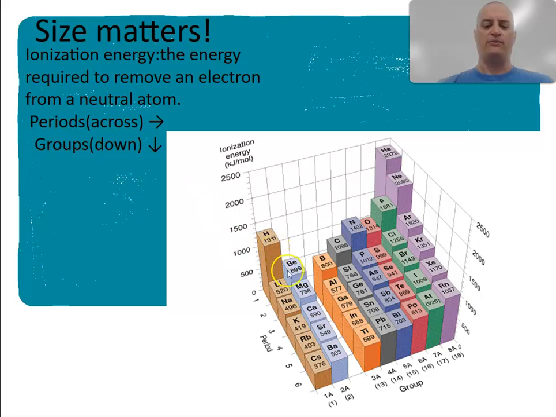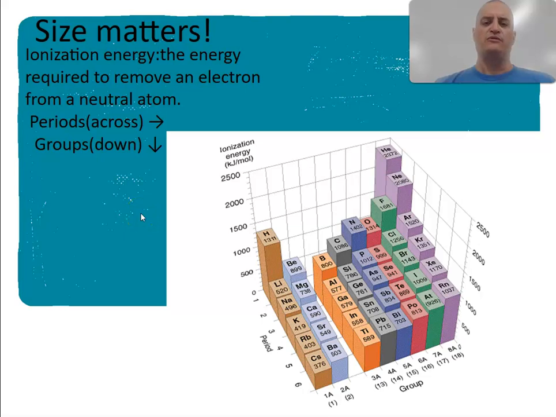Going down a group, you might remember the atoms get larger, so the outer valence electrons are further from the protons, meaning less energy needed to remove that electron, less of an attraction, so therefore less energy. You might see some discrepancies here and there, but remember these are trends, not everything set in stone.